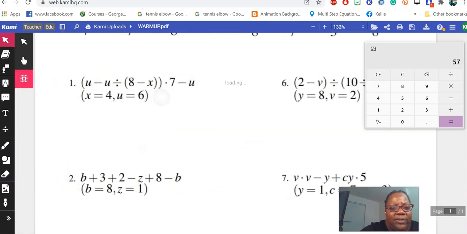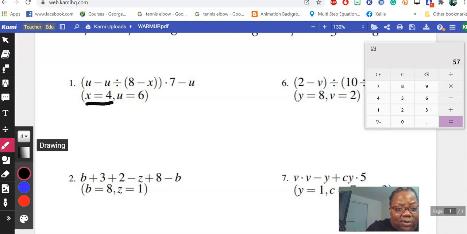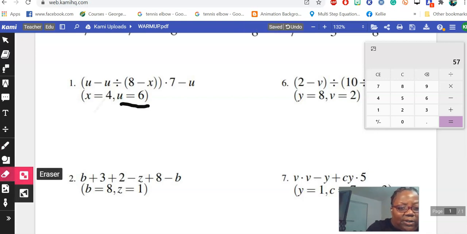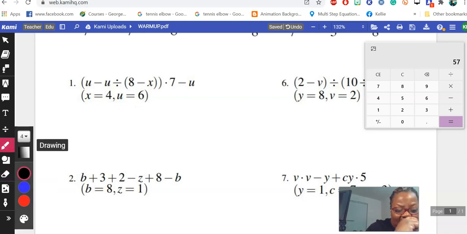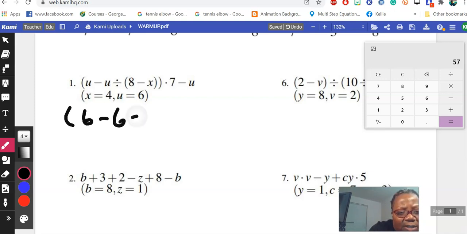I'm going to rewrite it down here, and I'm going to substitute the numbers for the letters, because I can see that x is going to be 4, and then u is going to be 6. So I'm going to rewrite it using 4 and 6 instead of x and u. So I have u, which is 6, minus u, which is 6, divided by 8 minus x, which is 4, those parentheses.